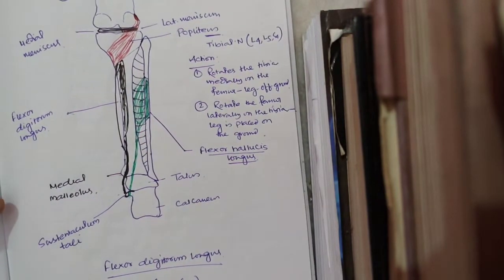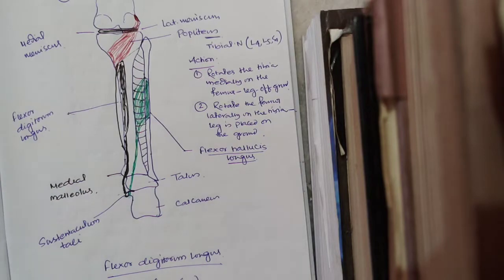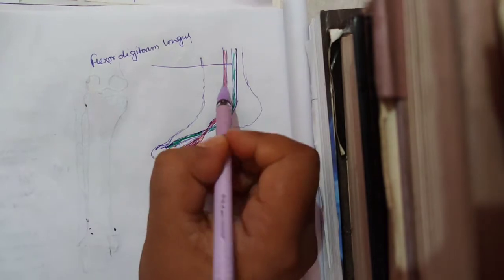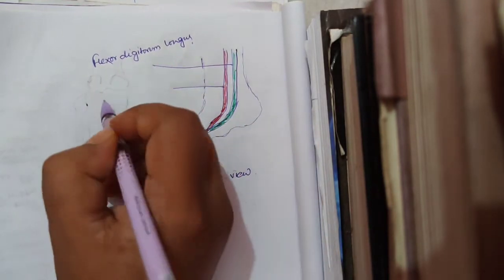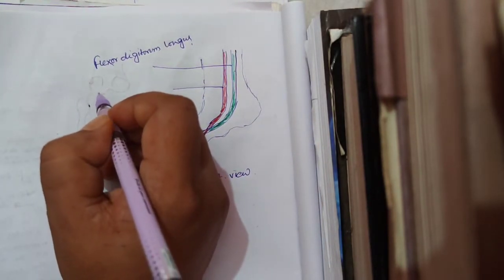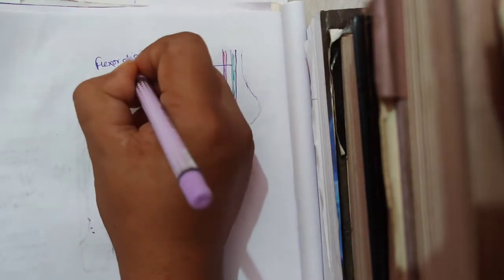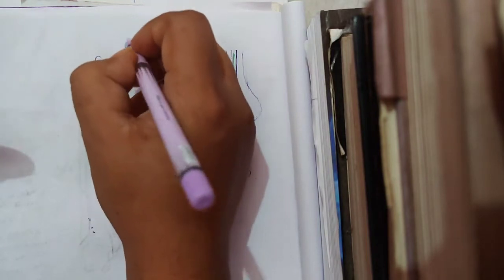Like this way. In another picture, this is the muscle of flexor hallucis longus.